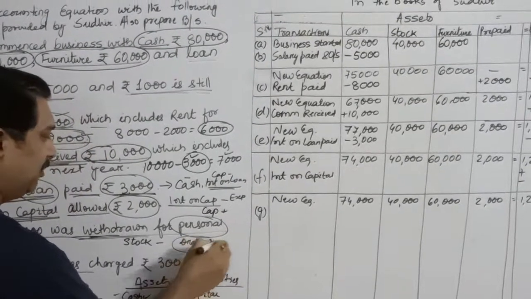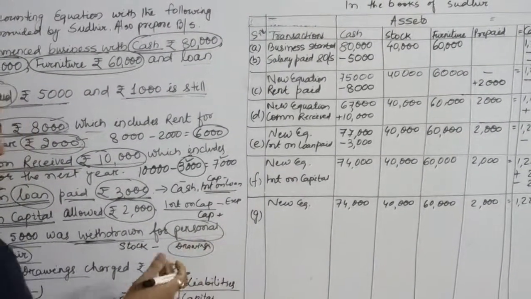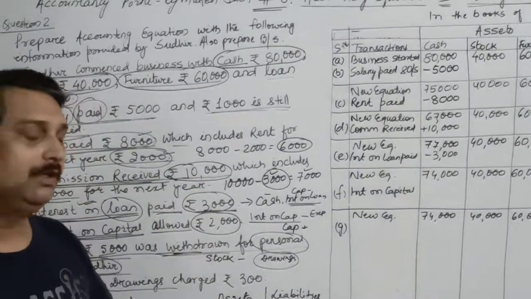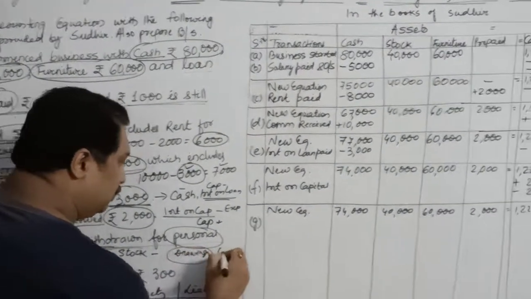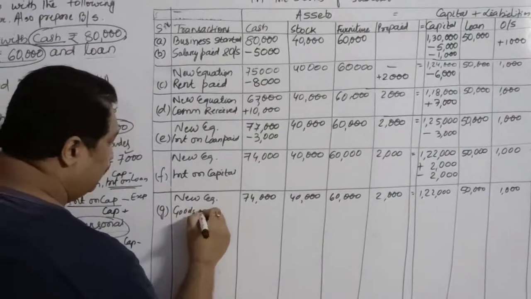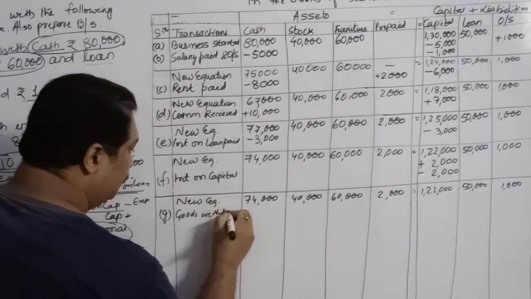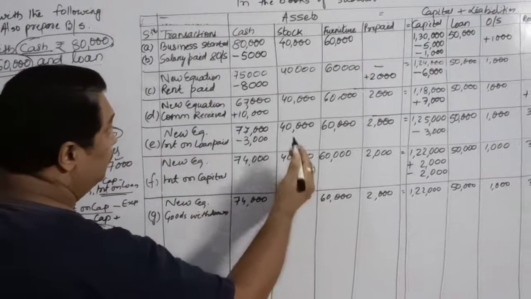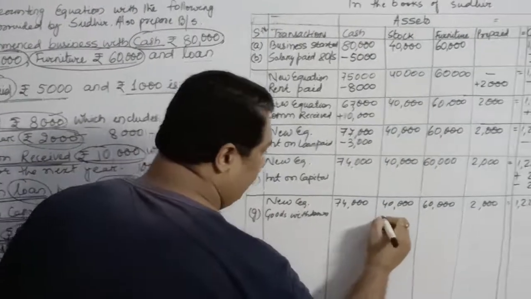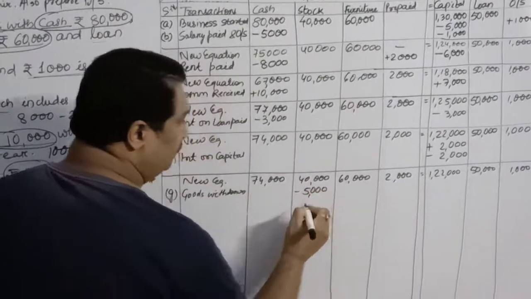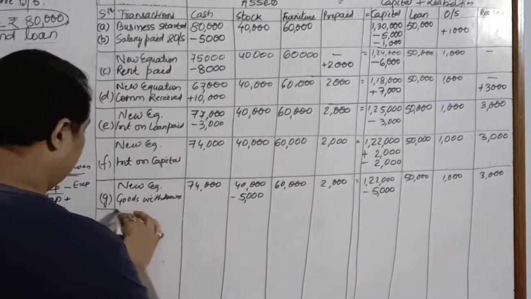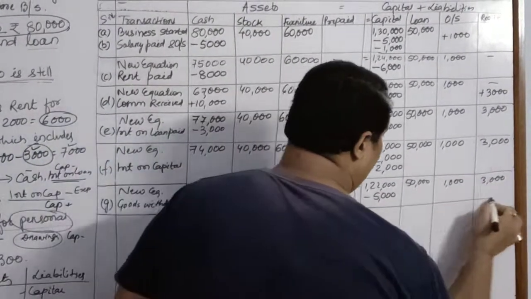And what will happen with the drawings? Once again, when he will withdraw something from the business, it would reduce the capital of the partner. So capital minus. So here I will say goods withdrawn. So I will decrease the stock by rupees 5,000 which he has withdrawn, minus 5,000 from here and minus 5,000 from the capital, because it would reduce his capital.